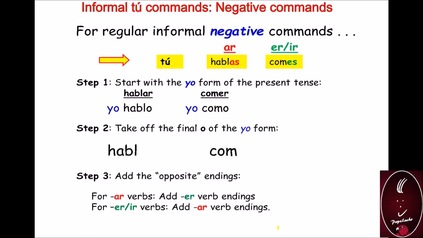For the AR verbs, we are going to add the ER verb endings, and for the ER and IR verbs, we're going to add the AR verb endings. For instance, for the verb hablar, we're going to add the ER ending.